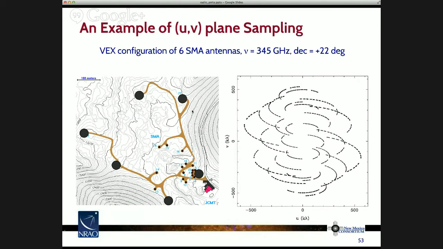And this is an actual observation. The fact that the lines are not entirely continuous but dashed is because the observations go off to calibrators every now and then. And the fact that there are some gaps means the array stopped working for a while for one reason or another. But you have this irregular sampling of the Fourier plane, U and V, here measured in thousands of wavelengths, kilolambda.